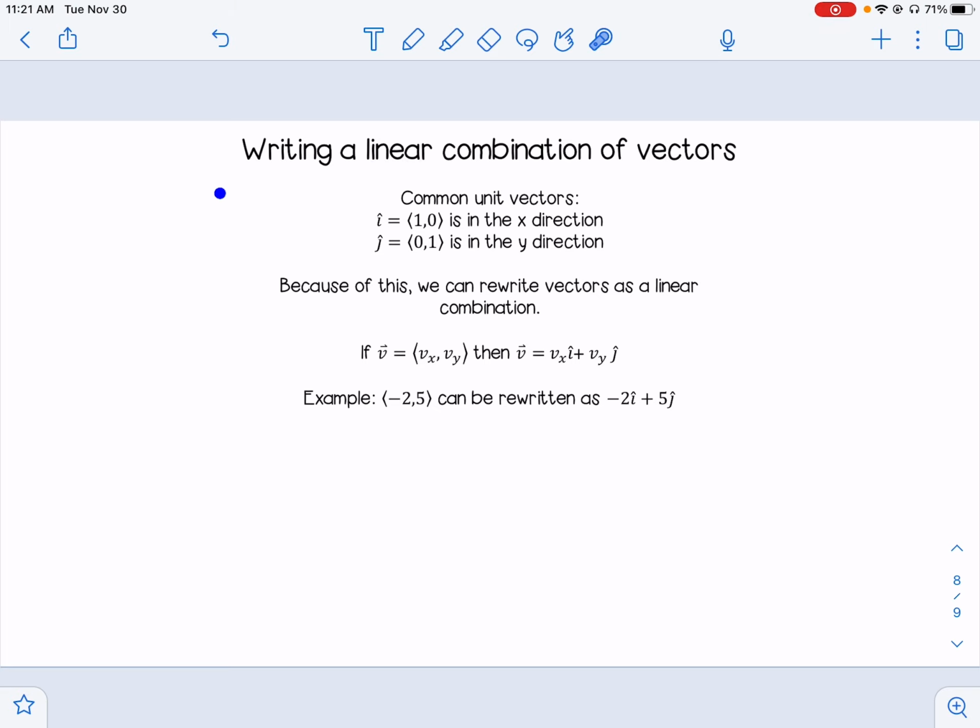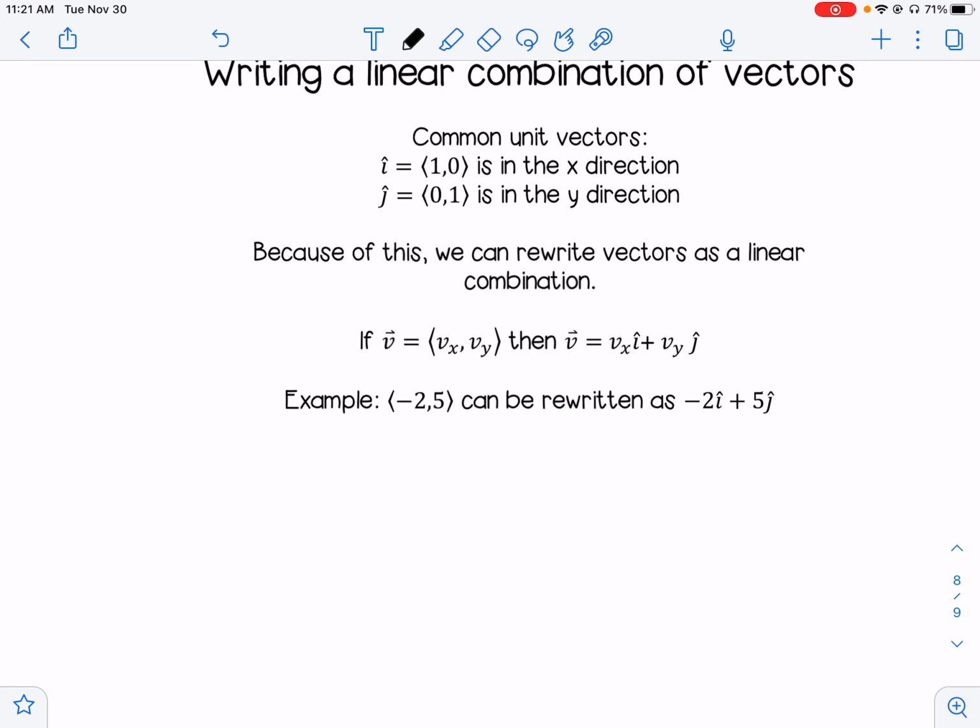Whenever you see this, what it's asking you to do is to write it in what I honestly just call ijk notation. I threw in k there. k is in the z direction. So if you are doing three-dimensional vectors, then you would see k as well. At our level, we're not going to be doing that.